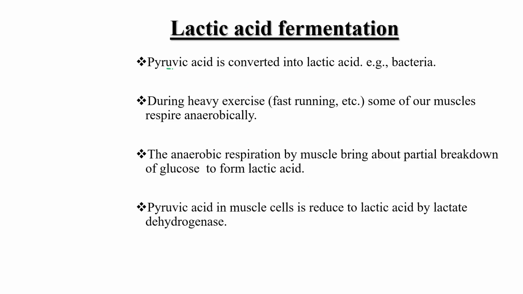When pyruvic acid gets converted into lactic acid, bacteria are involved in this conversion, right? Some of our muscle cells too. In the initial days, if we freshly join some sports classes or gym and are involved in rigorous physical activity, we feel so much muscle cramps in our body during fast running and other exercise.